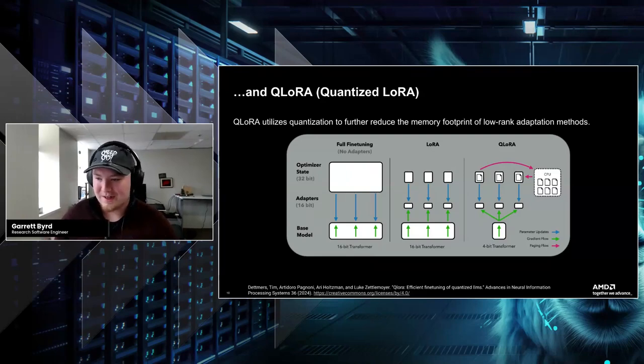LoRA is still using single precision, but we reduce the footprint here, right? If we look in the middle, the footprint of our adapter layers is much smaller. And then this particular graphic with QLoRA indicates using 4-bit, which is where the quantization comes in. It's also demonstrating a paged attention mechanism with the CPU, but we're not necessarily worried about that part.